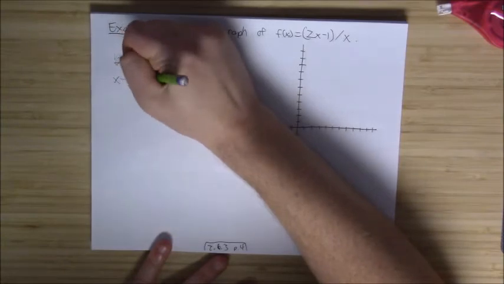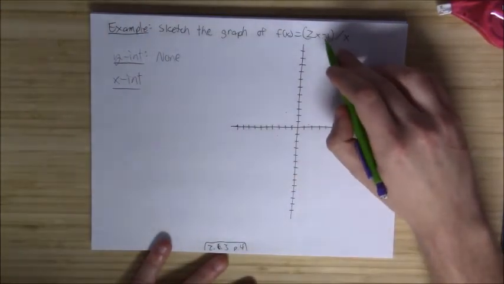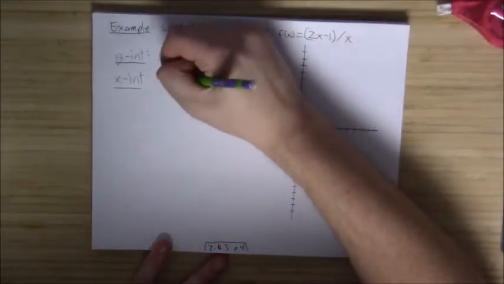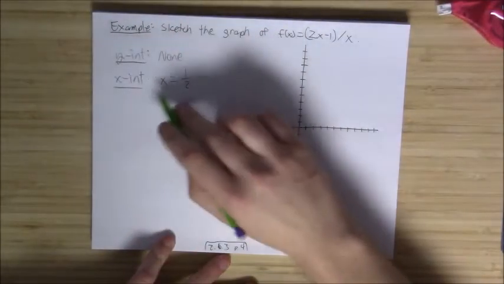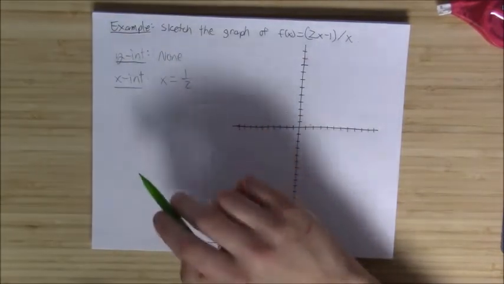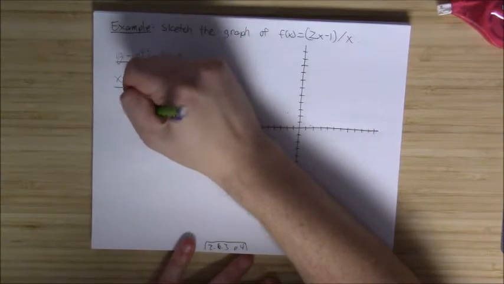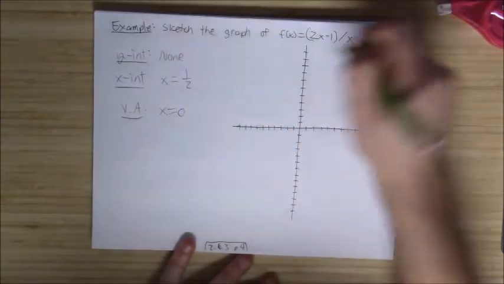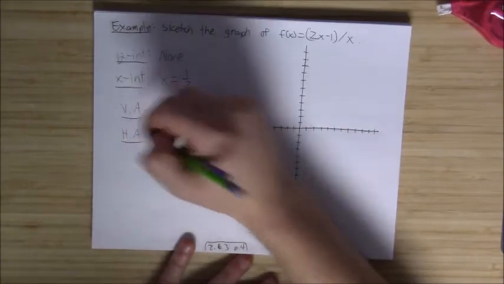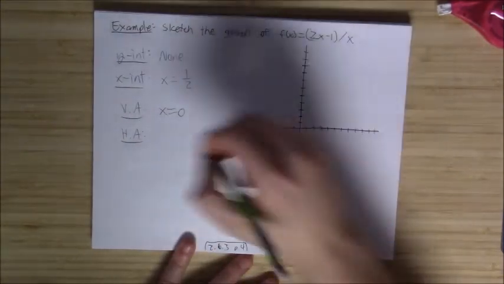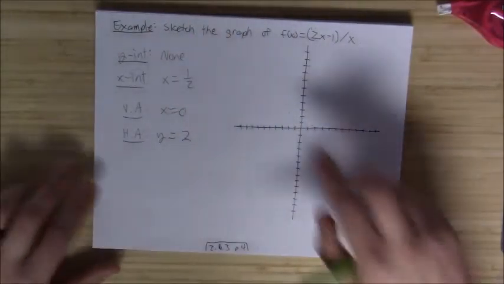The x-intercept is where the top is equal to 0. 2x minus 1 equals 0 means that x would be 1/2, because that makes the top 0. We also have that the vertical asymptote is when x equals 0. For the horizontal asymptote, the degree of the top is equal to the degree of the bottom, which means it'll be the ratio of leading coefficients, so y equals 2 over 1, or 2 if you prefer.